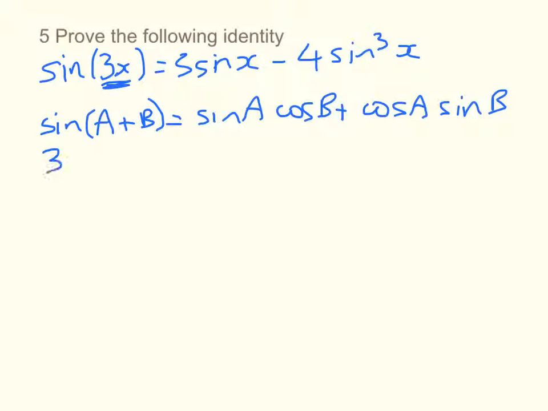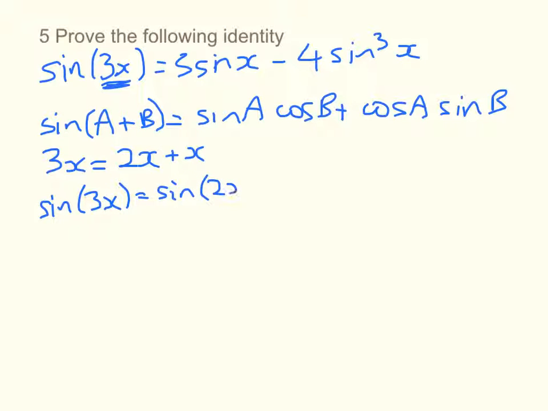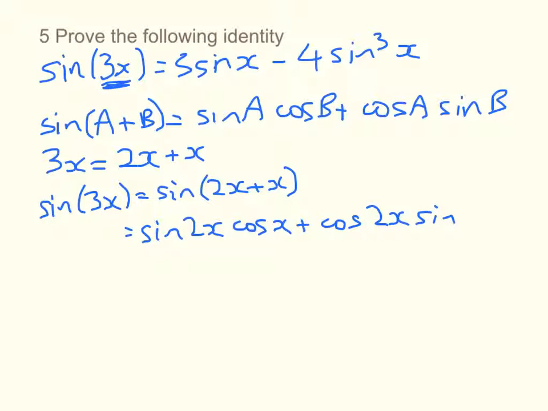So we can break out 3x into 2x plus x and hope that some simplifying is going to be possible. So sine of 3x equals sine of 2x plus x, which is equal to sine of 2x cos of x plus cos of 2x sine of x.